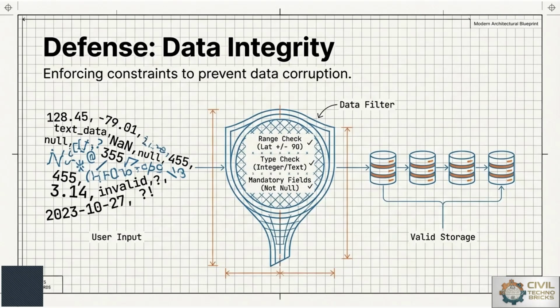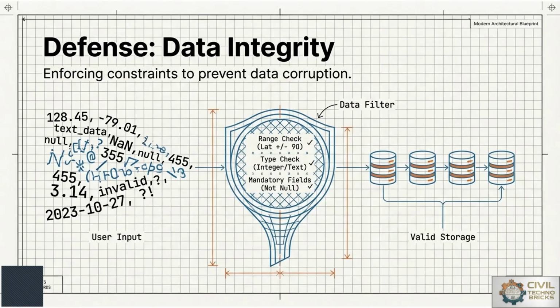This improves the quality and consistency of civil engineering datasets. So we have to improve the quality of datasets by minimizing incorrect data or corrupted information. For that purpose, we use the filtering and validation procedure, where the funnel diagram represents the data filter that checks user input before storage.